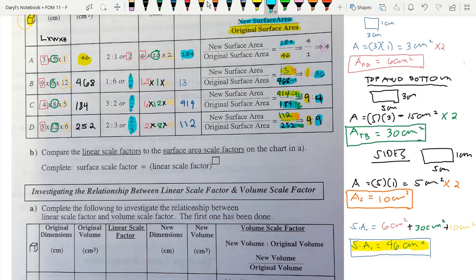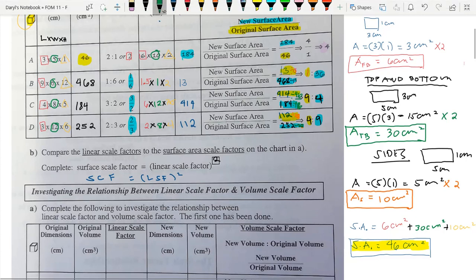Okay? So now if you examine the relationship between the linear scale factor and the surface area scale factor, is it not that the surface area scale factor is just the square of the linear scale factor?